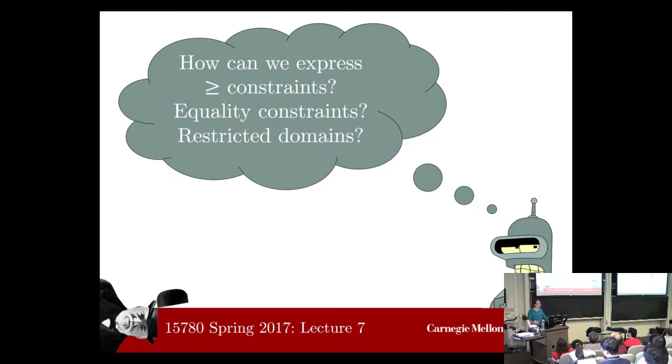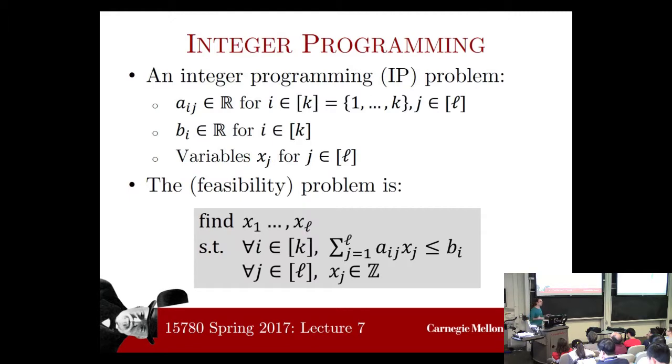If you wanted to have equality constraints, these are inequalities in both directions. If you wanted to have a restricted domain, so x_4 is between 3 and 27, you could write it with 2 inequalities plus this constraint that says it's an integer. So even though we wrote this in a seemingly restricted way, you can write more general constraints by just playing with this type of formulation.